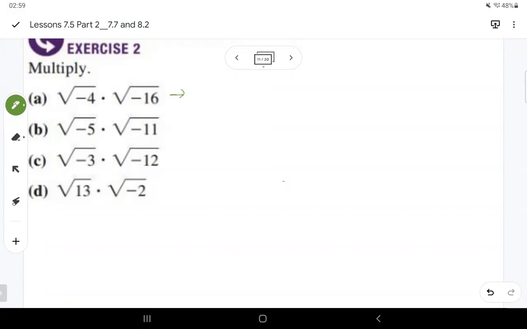Oh, you can do it either way. So you can change it to the i's and do 2i times 4i, and you get 8i squared, which is equal to -8. That's like approach 1. So method 1.